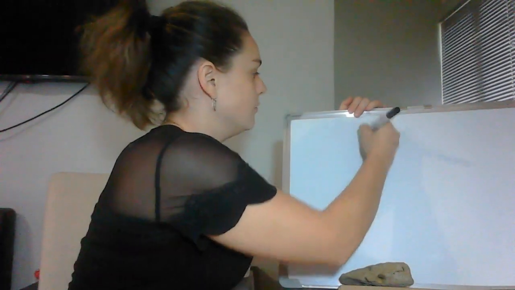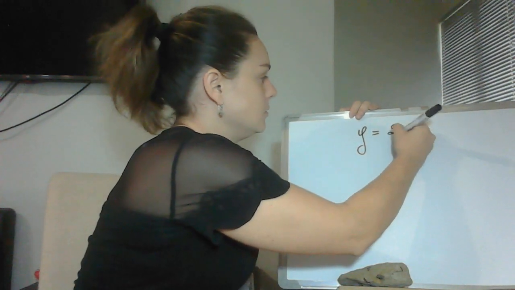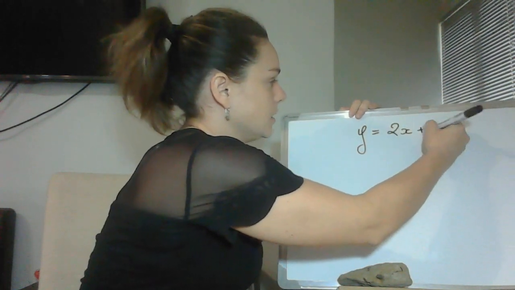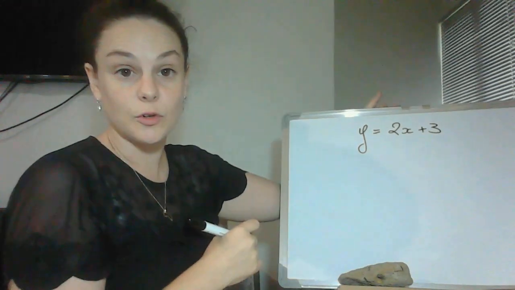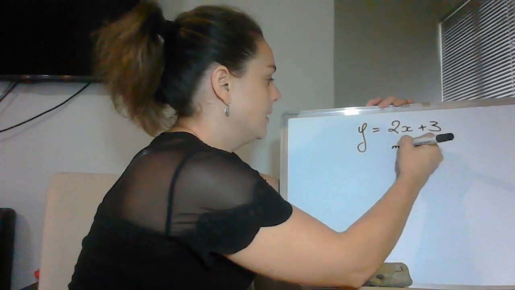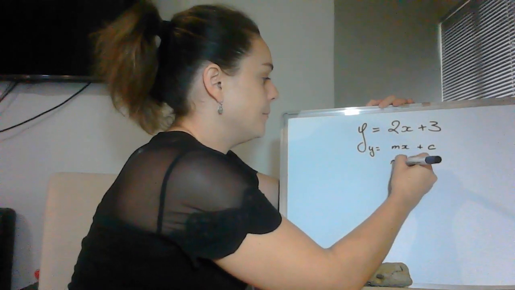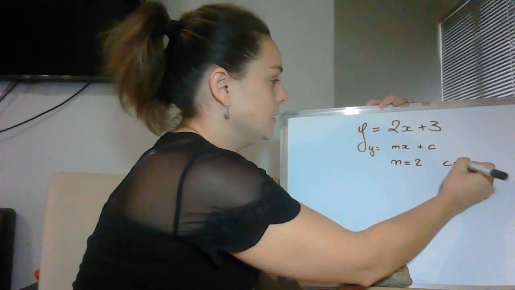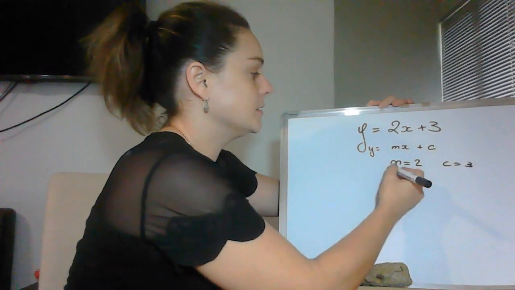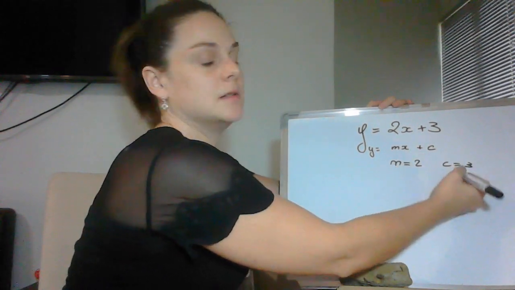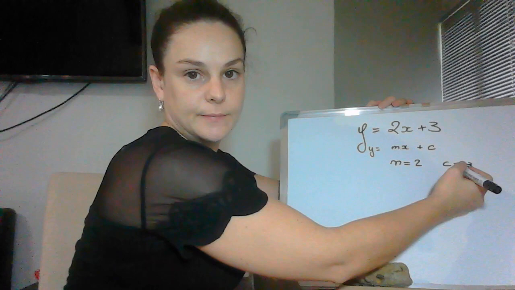So here we have y equals 2x plus 3, which is the form mx plus c. Then m is 2 and c is 3. m is the gradient, c is the y-intercept.